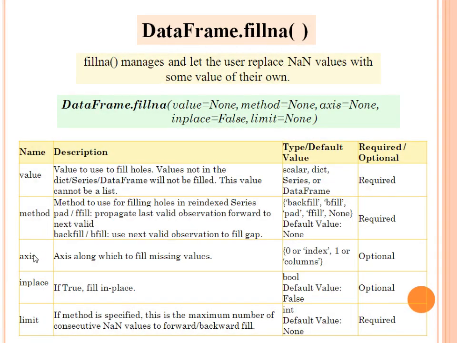Next is axis. It will definitely tell about axis 0 and 1. And next is inplace. Inplace, of course, helps you to do the changes in the data frame in place. Okay, and if we don't use inplace, it will not do the changes in the data frame. It will only display it to you. And the last one is limit. Limit will tell you how many values you have to change, how many NaN values you have to fill. Okay, so we'll move ahead and see how these parameters work.